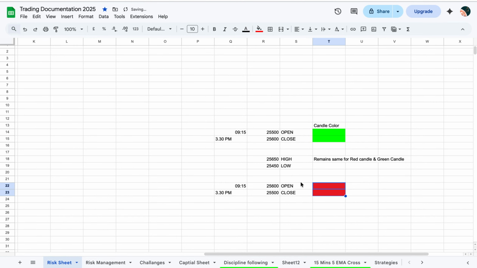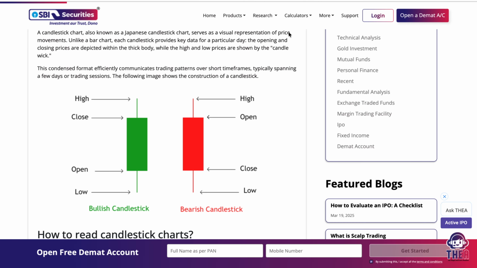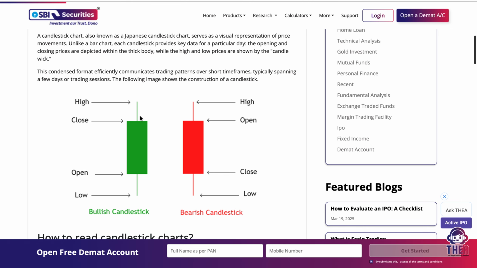Now I hope you've got a fair idea about how the candlestick is formed. Now let's go and understand this in a candlestick. This is a theory where you can see the price factors we have decided. Let's try to understand what we have discussed so far.